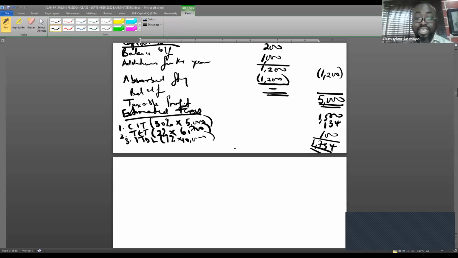Therefore, this amount invariably represents our current taxes. Which means, as a company, for this financial year, what you are going to self-assess and file and be expected to pay to the Federal Inland Revenue Service will be 1,734,000 naira.